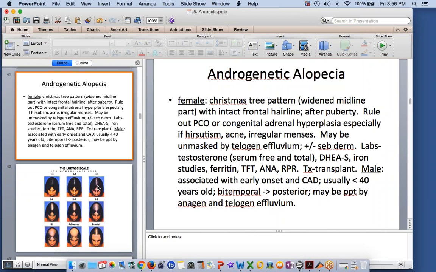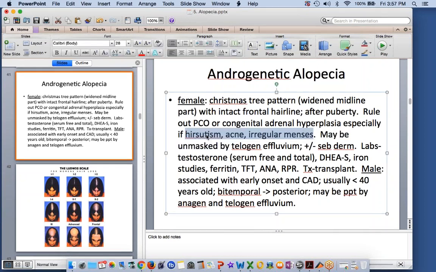One has to rule out patients that have polycystic ovarian disease or congenital adrenal hyperplasia. They tend to have loss of hair on the scalp, but they also have hirsutism, acne, and irregular menses.